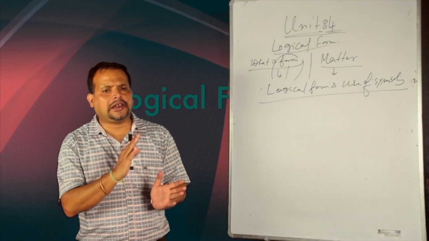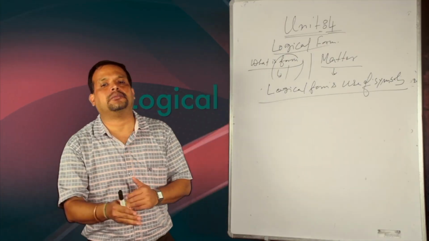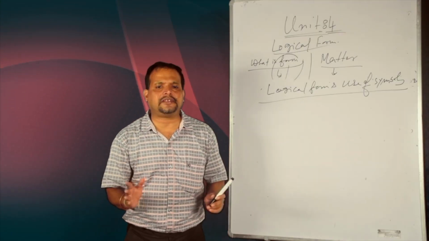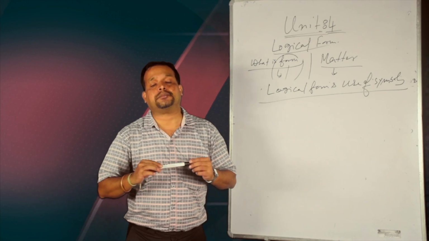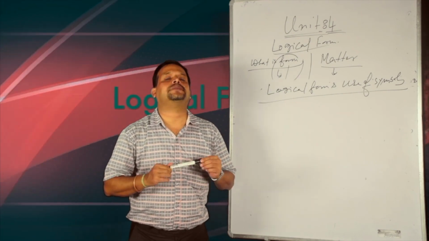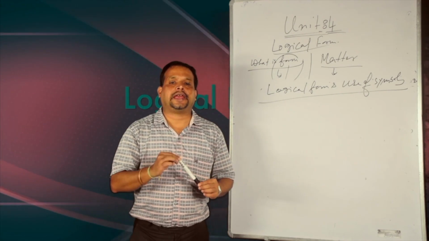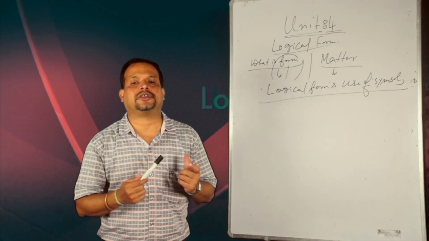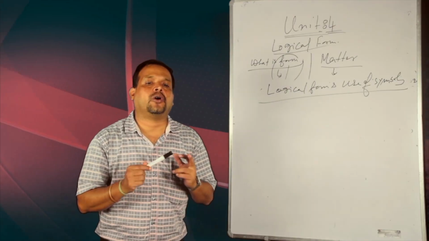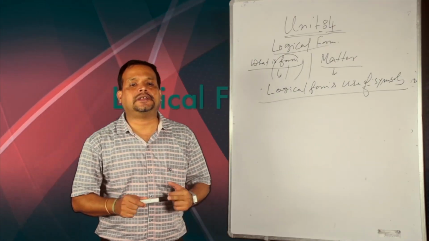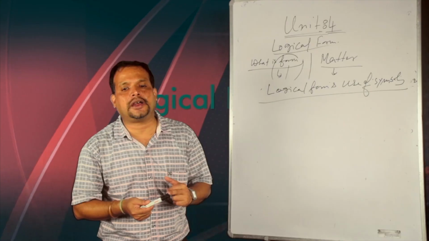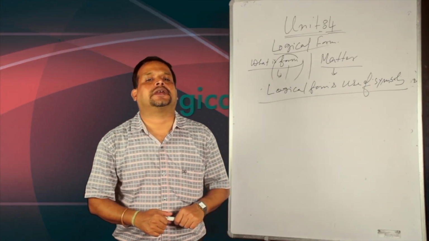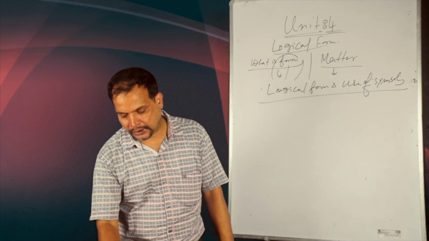Secondly, modern logic is completely formal in nature. The use of symbols is indispensable because symbols make the form of the argument clear and help one to withdraw one's attention from the content or matter. Rather, the focus is on the form of the argument, which helps to determine the validity of the argument.